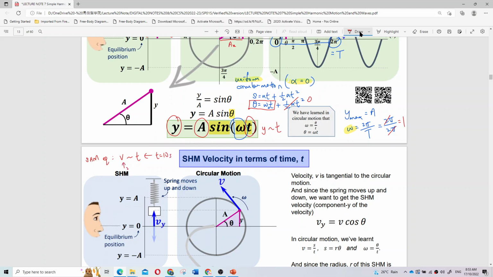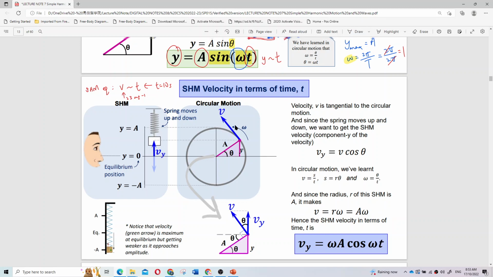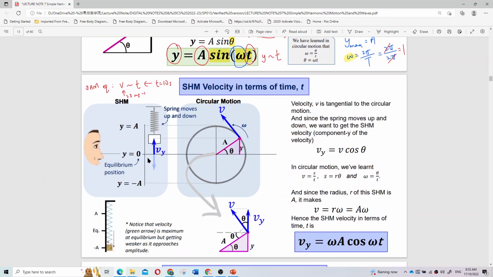Maybe you calculate the velocity is 23 meters per second. So we need one equation for that. How to get the equation? Just now, displacement is related to amplitude, the y component of amplitude. Now velocity Vy is related to the y component of tangential velocity. Remember the circular motion? We have the tangential velocity.